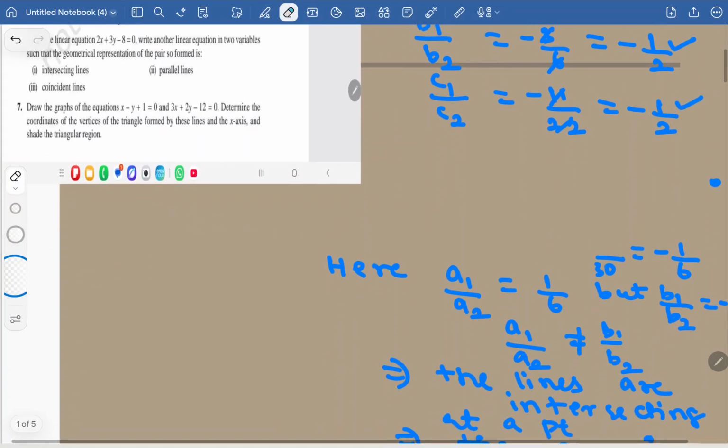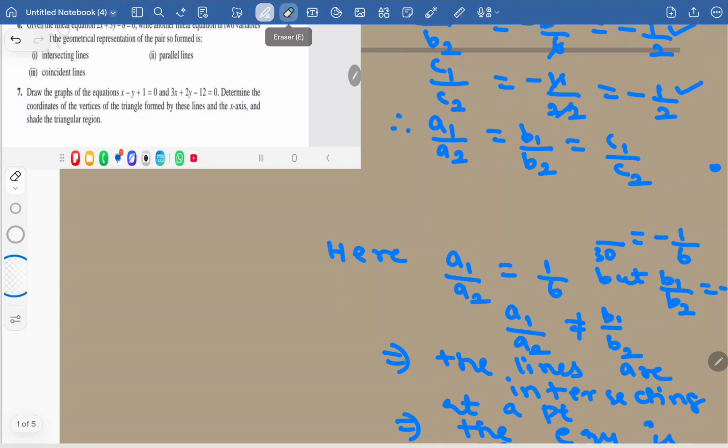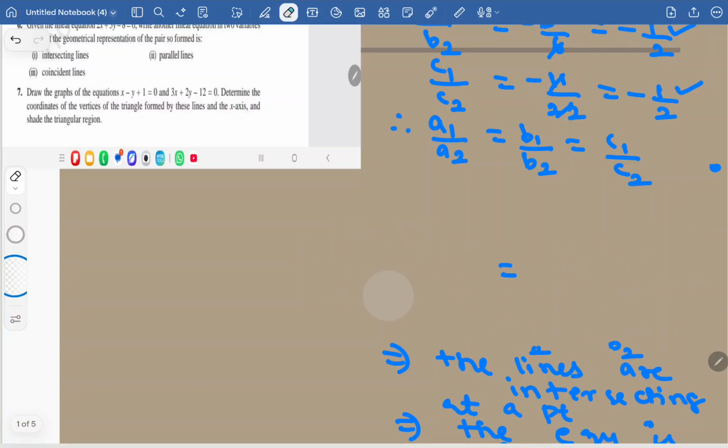Therefore, A1 by A2 is equivalent to B1 by B2 which is equivalent to C1 by C2. All are equal.